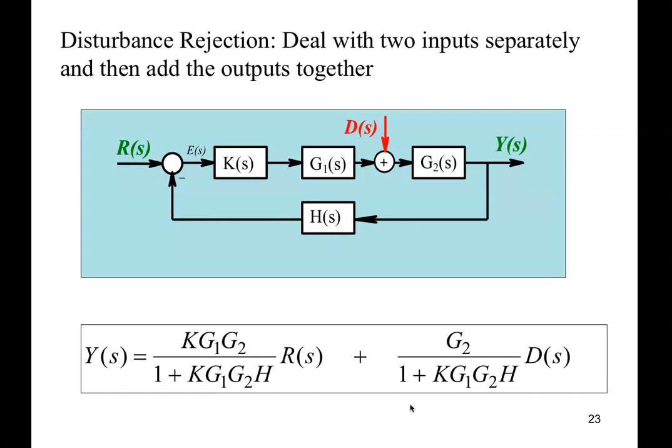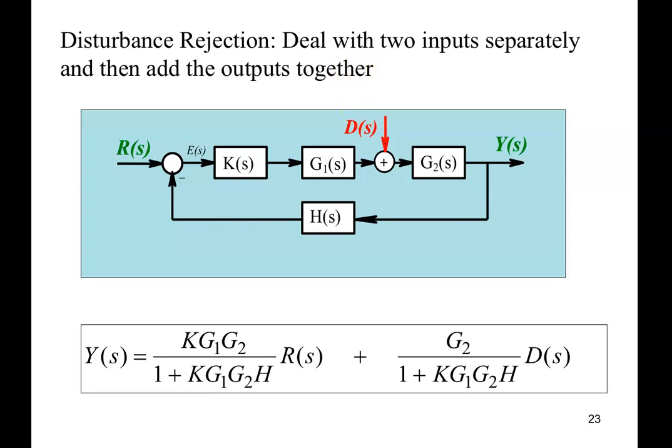That means the output equals the transfer function from R to Y times Rs, then add the transfer function from ds to ys times ds. So we work out two transfer functions separately, and then add the outputs together.